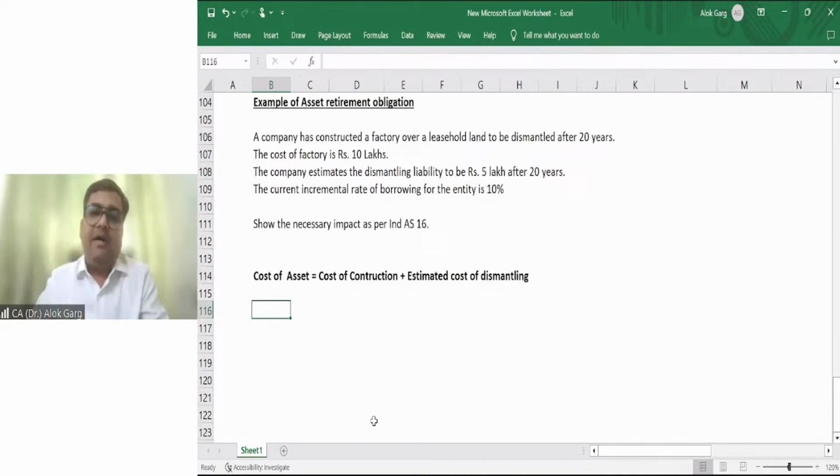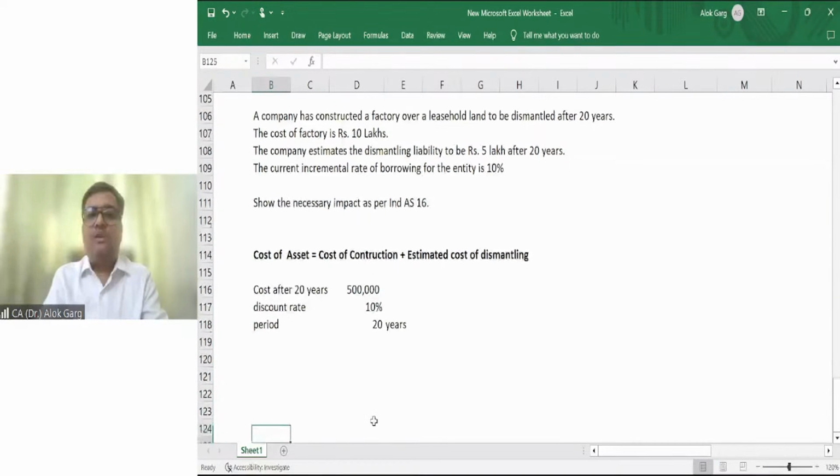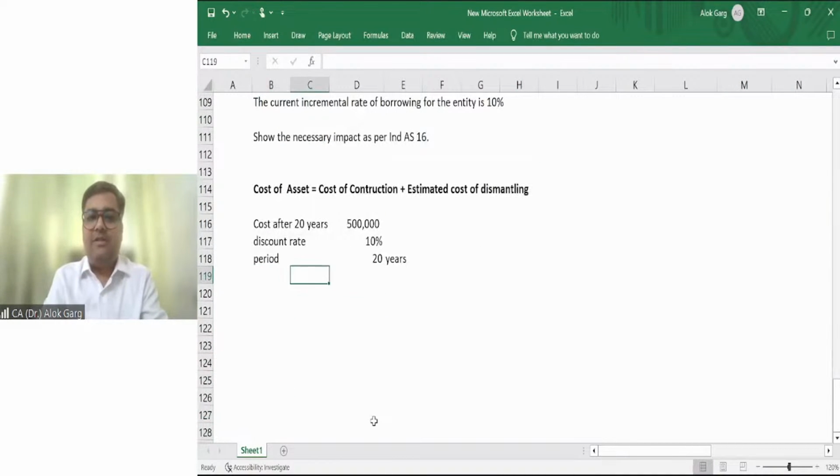Now let me tell you how the estimated cost of dismantling is going to be calculated. Friends, the cost after 20 years is 5 lakh. Discount rate is 10%. Period is 20 years. Right? Now I need to compute the present value factor and present value. How to calculate present value factor?